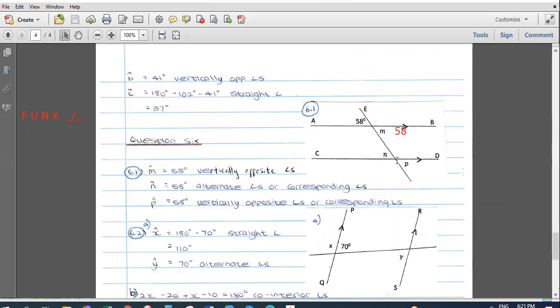Then we're looking at N. Now your N value, you can have one of two answers. N is the same value as M because you're forming a Z. There's your Z. So a Z is formed here, and Z means that if M is 58, then N as well will be 58.